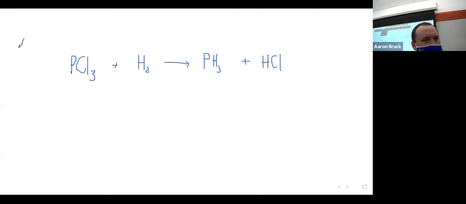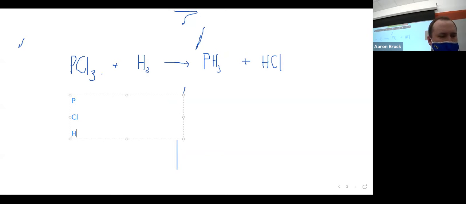So setting up again, we've got phosphorus, chlorine, and hydrogen on the one side. There are 1 phosphorus, 3 chlorine, and 2 hydrogen over here.